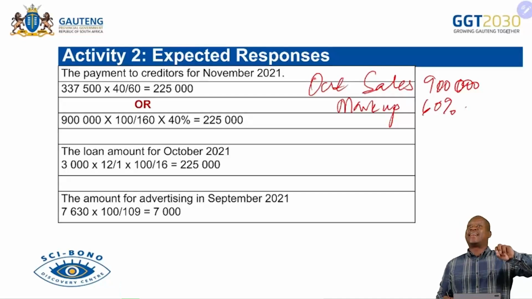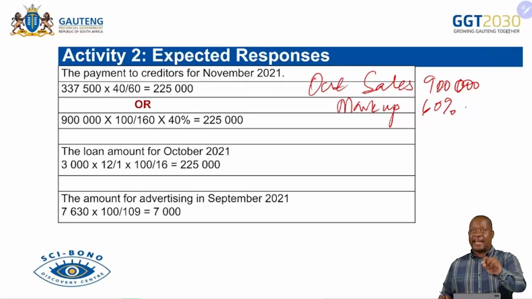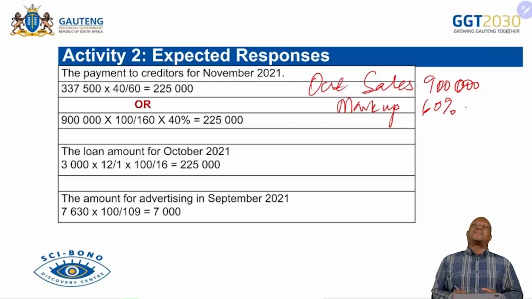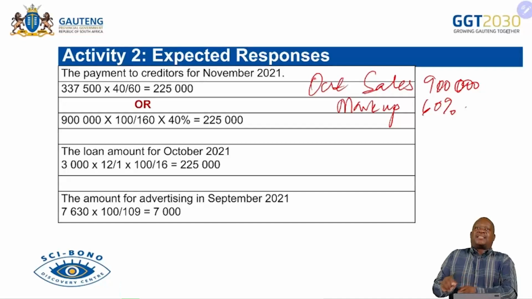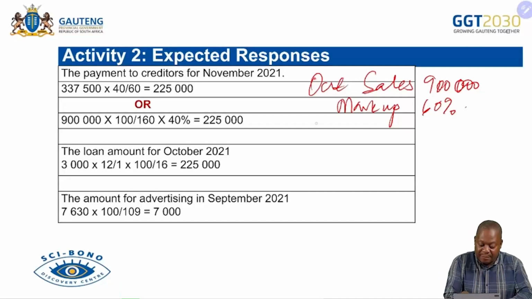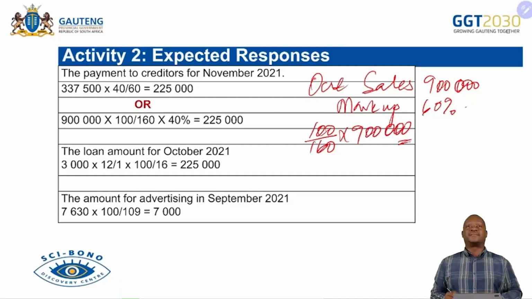Remember, there's a relationship between the sales and the purchases for that month, because markup is always used on cost of sales, and cost of sales in this case is equal to our purchases. So we can easily find our purchases. It's simply the way we find our cost of sales, which is 100 over 160 times 900,000. This gives us our purchases.